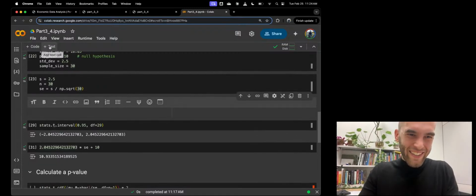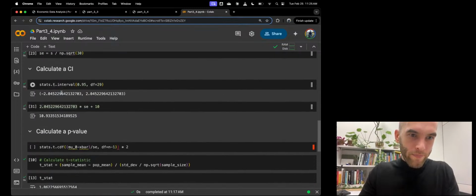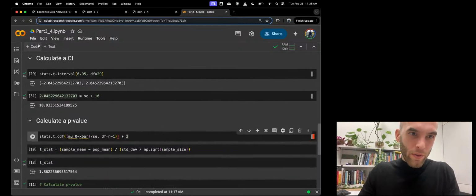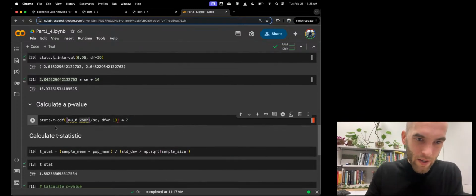And we'll write in a confidence interval. All right, so here we're going to set up our p-value.